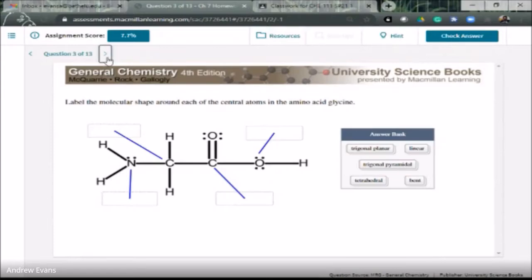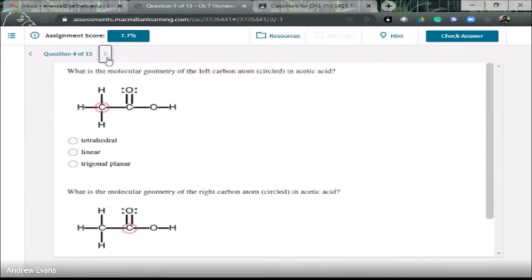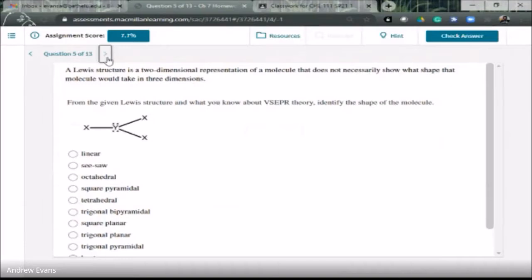You can do each individual atom and look at how it all fits together. More of the same. Given the formula, what is the shape? More of the same.